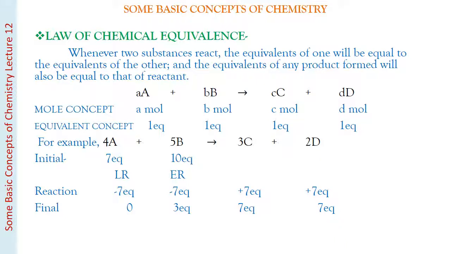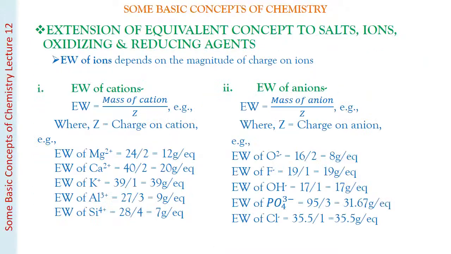And now an extension of the equivalent concept to salts, ions, oxidizing and reducing agents. So basically, we will be focusing our attention on only salts and ions in this course.